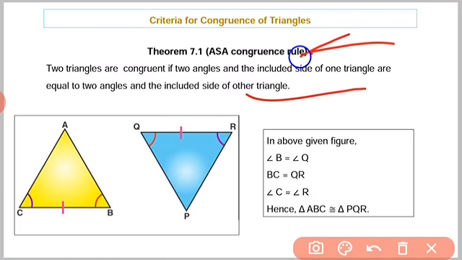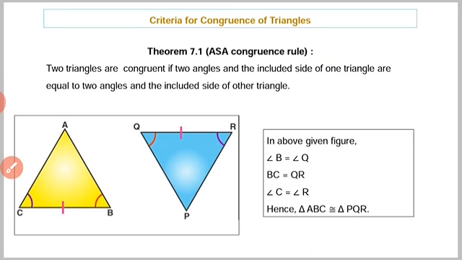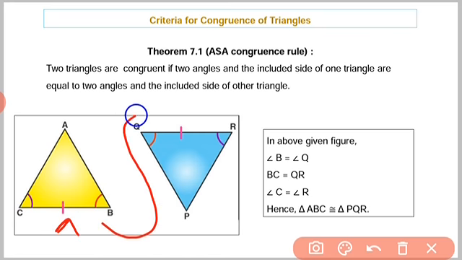So this became a theorem. So let's see what is the ASA congruence rule. Two triangles are congruent if two angles and the included side of one triangle are equal to two angles and the included side of the other triangle.